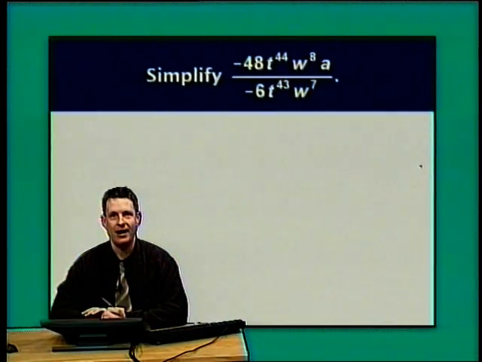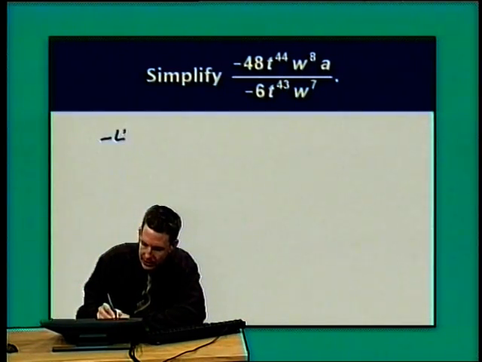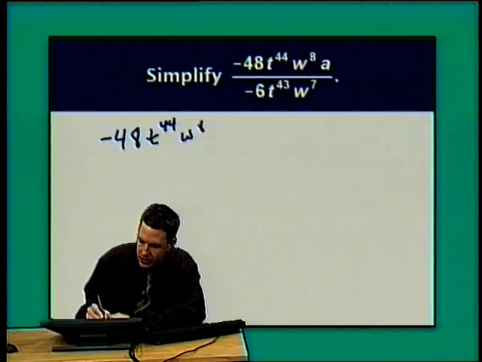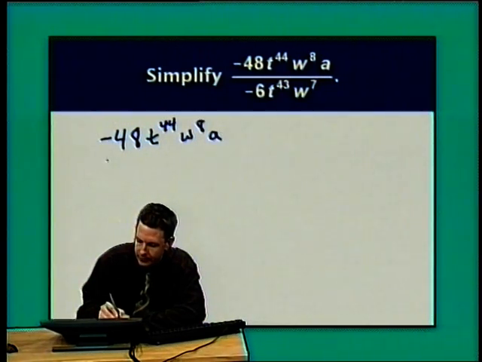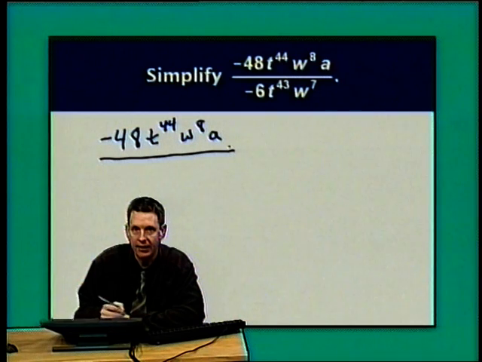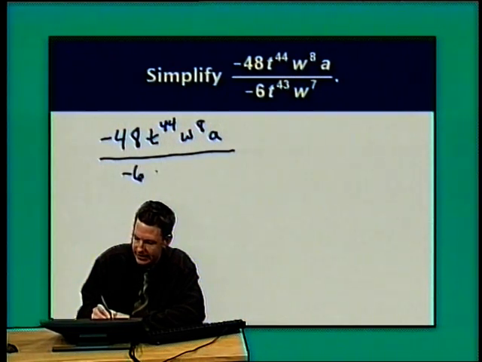Let's simplify this monomial divided by a monomial. Our numerator is minus 48 t to the 44th w to the 8th a, and we're dividing that by a denominator of minus 6 t to the 43rd w to the 7th.